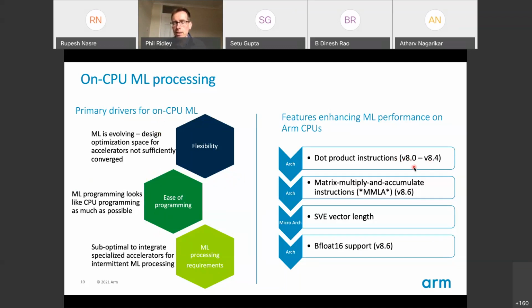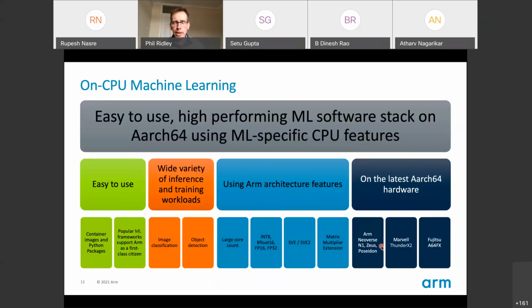We're adding instructions all the time to support machine learning type applications. And as I said, B-float 16 was added at version 8.6. And the V1 core will support the B-float representation.